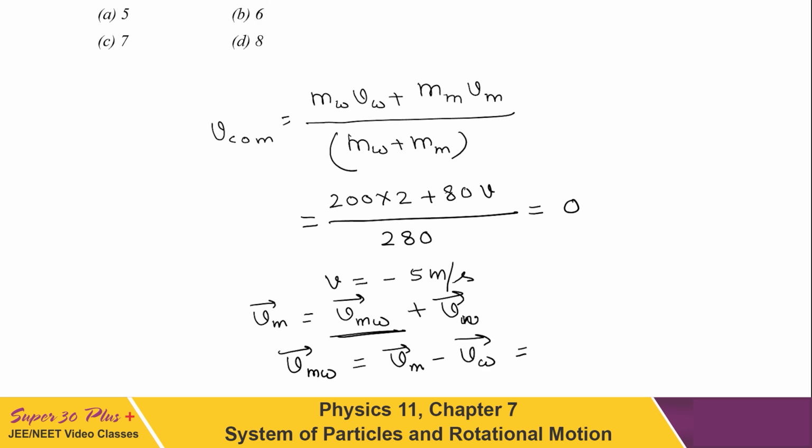On substituting the values, this will be equal to minus 5, which we have just now obtained, that is velocity of man, minus velocity of wagon, which is given here 2 meter per second. So minus 2, and the final result is minus 7 meter per second. Here this minus sign is indicative of direction, but we only have to write its magnitude. So the correct option will be option number C.